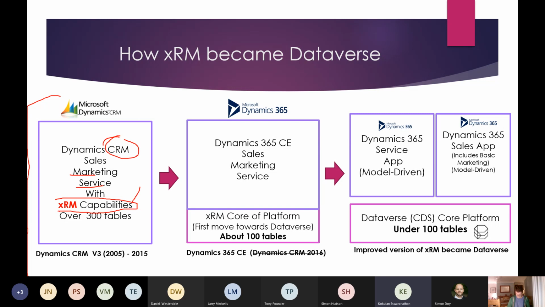After releasing the custom entity capability, Microsoft took this on board, did lots of marketing, and added more and more features so that it's not just CRM, you can build any system, but on the whole, it is still a CRM.